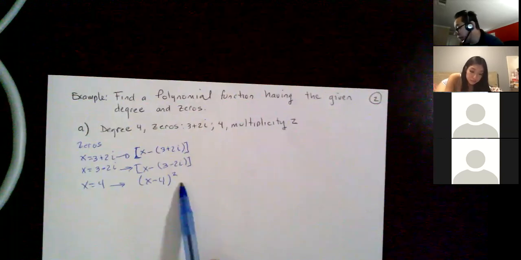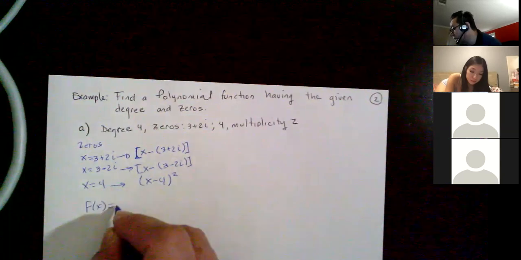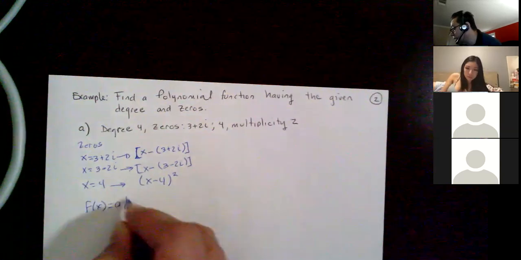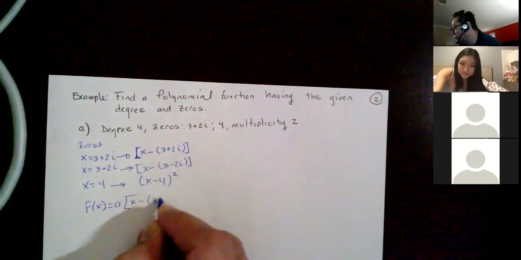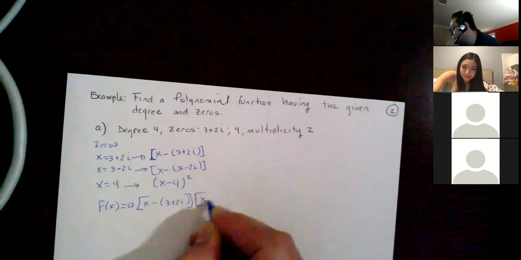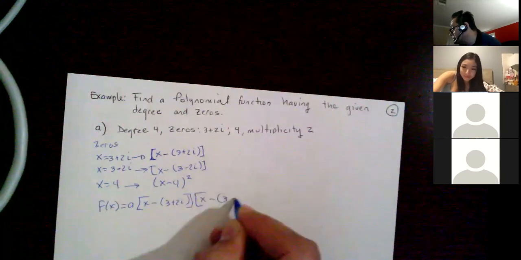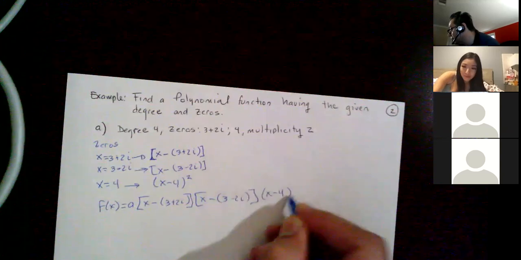Now, f of x is equal to a times x minus 3 plus 2i times x minus 3 minus 2i times x minus 4 squared.